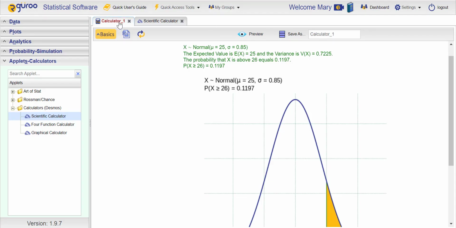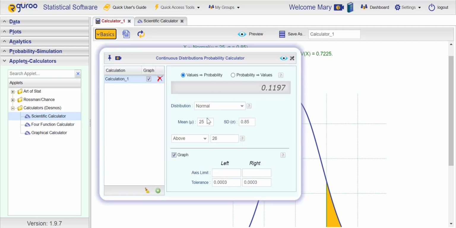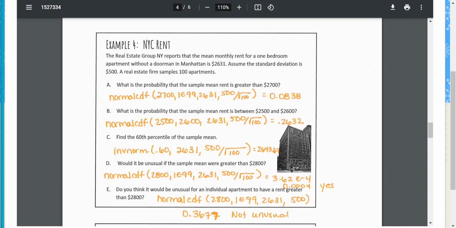So we can go back to our calculator and go to basics. And I'm going to clear all of this out. And actually, I'm just going to click on probabilities to values. That's what we actually need to do. And then let me go back. The mean was 2631.